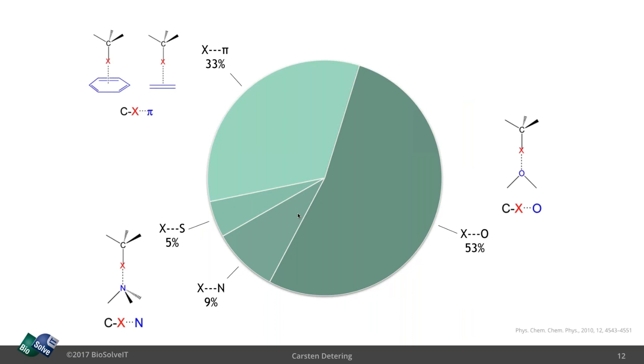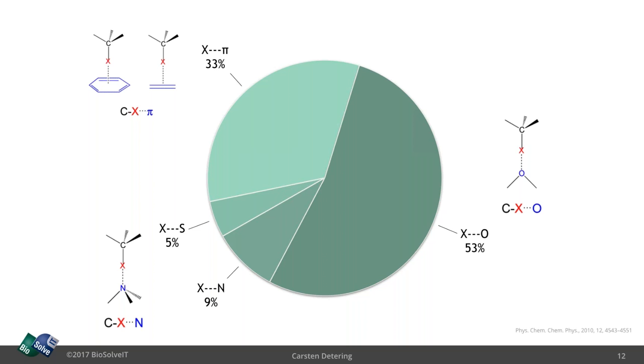In 2010, researchers did a statistical study on the types of interactions of halogens in the protein environment. They took the PDB 2009 database and selected X-ray and NMR structures of resolution 3 angstrom or better. And in this subset, they found that more than 2,000 ligands were halogenated.